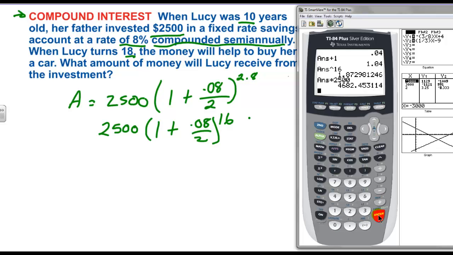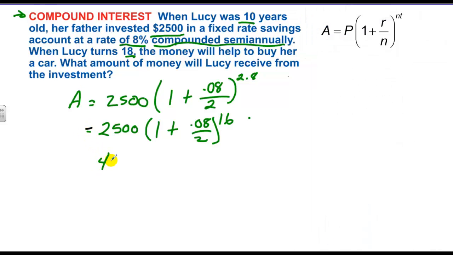And that's equal to 4,682.45. So by keeping the money in the bank, we earn about $2,000 in interest over an 8-year period.